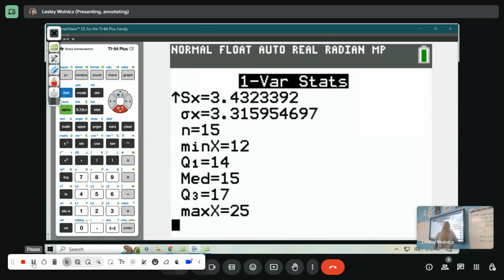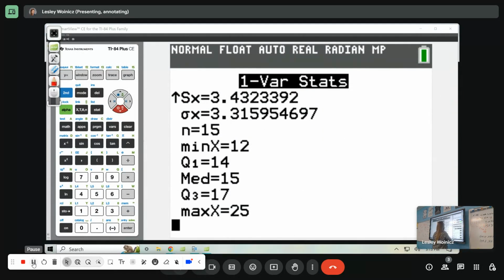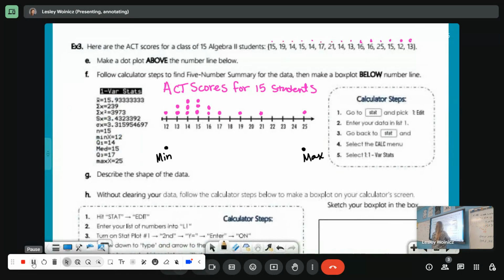All right, so what is my minimum? 12. So that's where I'm going to put the end of my whisker. Okay, what's my max? That's going to be where I put the other end of my whisker. Okay, what was my median? 15.